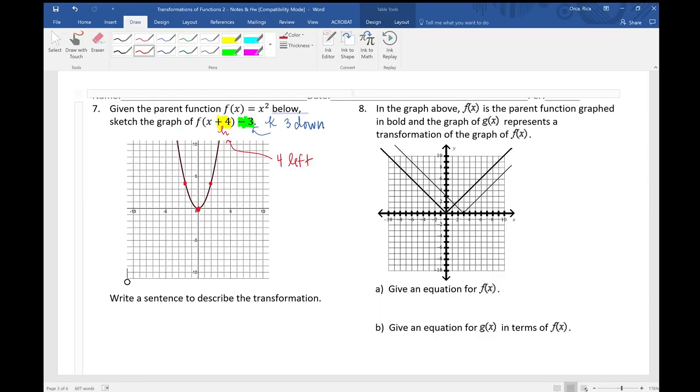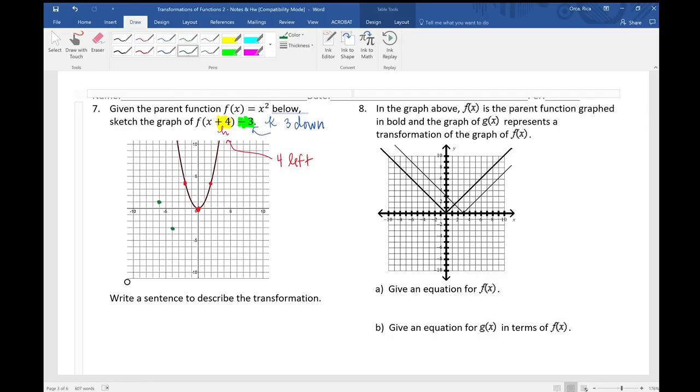Let's move (-2, 4) first. So let's move it 4 units to the left, 1, 2, 3, 4, and 3 units down, 1, 2, 3. Now let's move (0, 0), 4 units to the left and 3 units down.